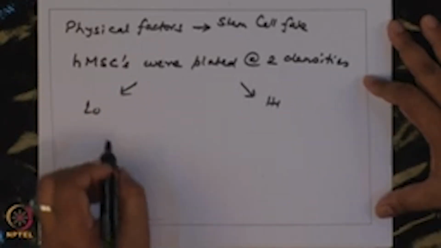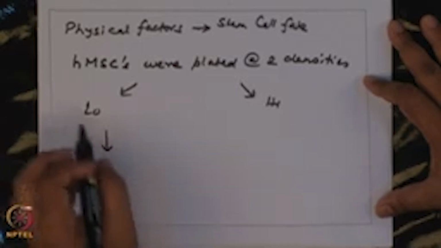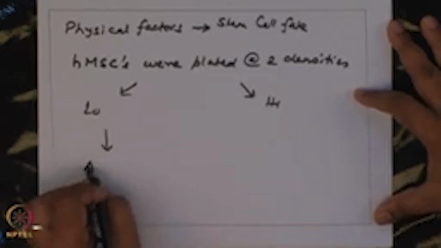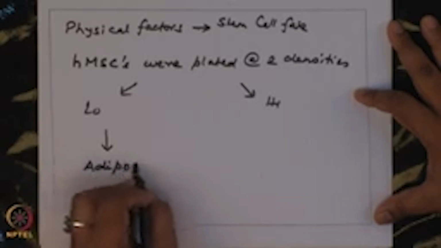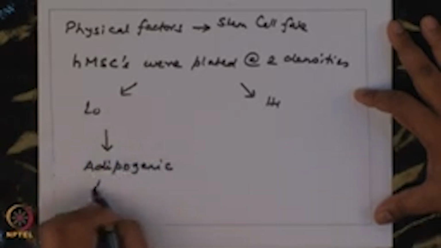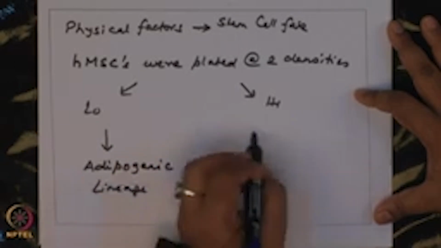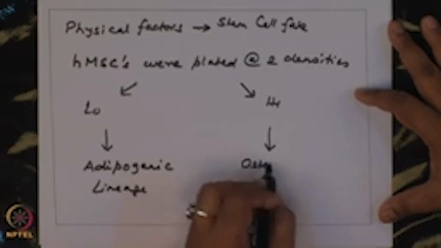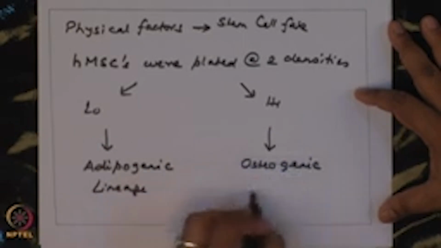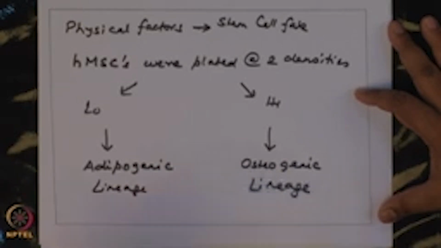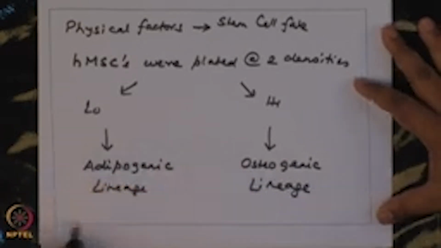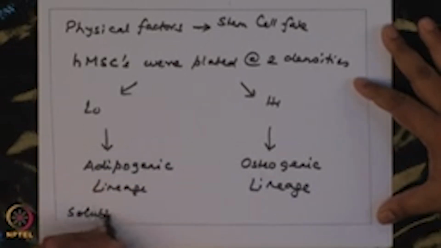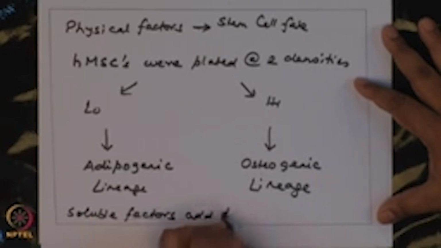What the authors discovered was that at low density the cells tended to differentiate into an adipogenic lineage, and at high seeding density they differentiated into an osteogenic lineage. Of course, you have soluble factors that add to the final differentiation state.